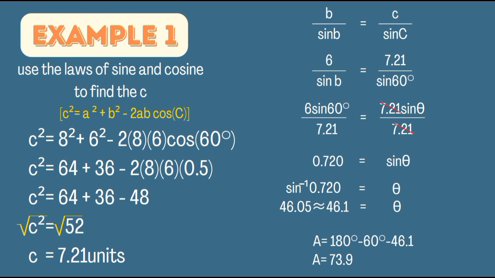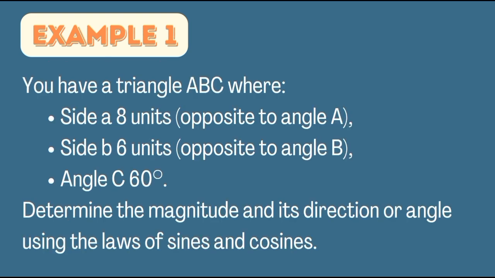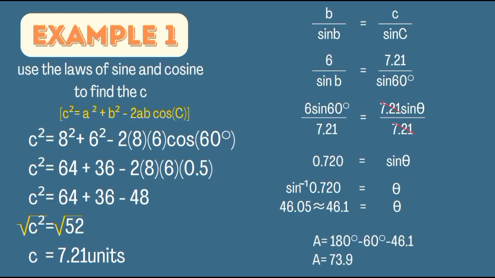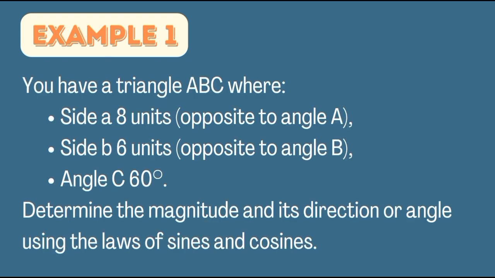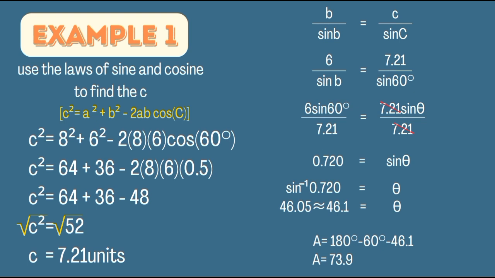6 sin 60 degrees divided by 7.21 is equivalent to 0.720, which is equal to sin theta. Then after that, we must take the inverse sine. So sin inverse of 0.720 gives 46.05, which if we round it, will be 46.1.